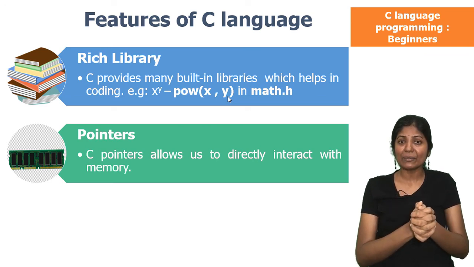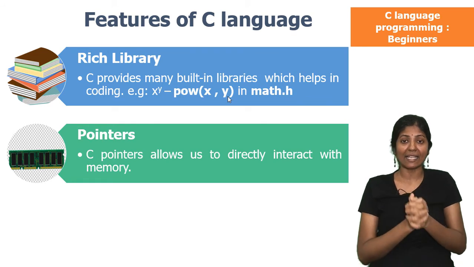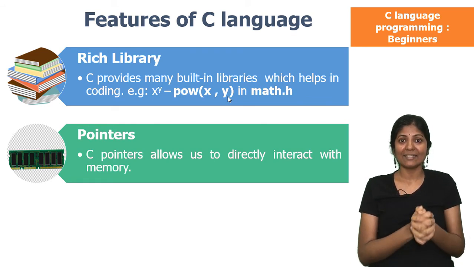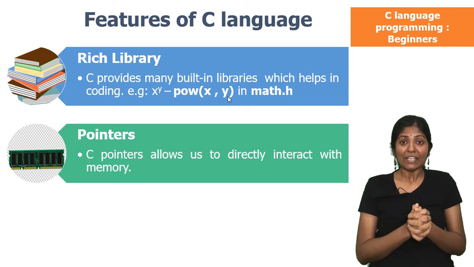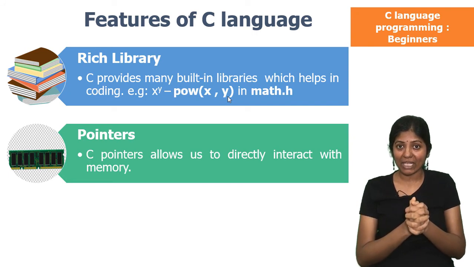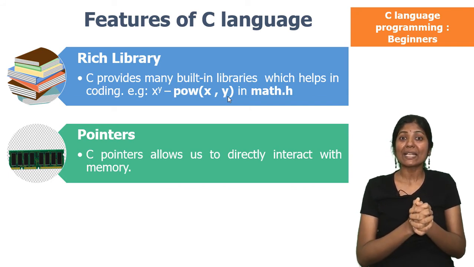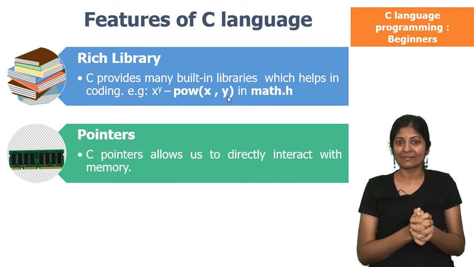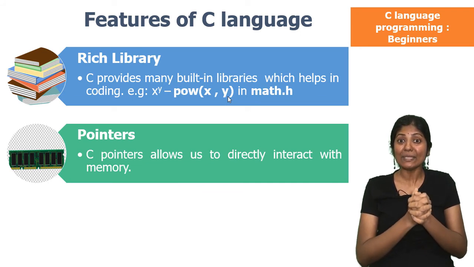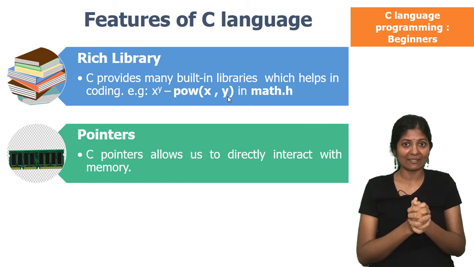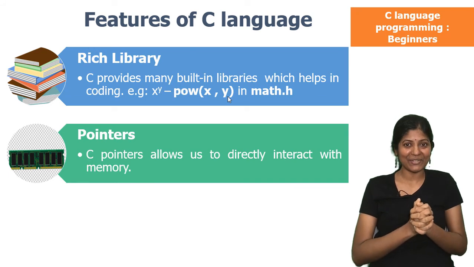So, where are we going to write this data and read the calculated value? That is memory. If you want to know the exact location in the memory where your data or your calculated value is stored, it means to know the address of our data, we will use the concept of pointers. This is very interesting, right?